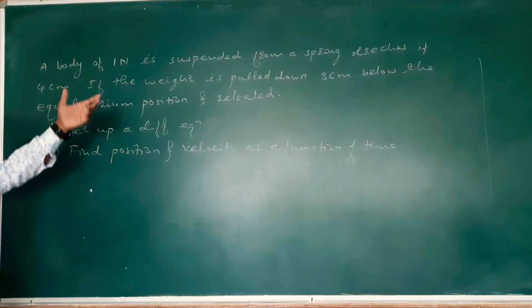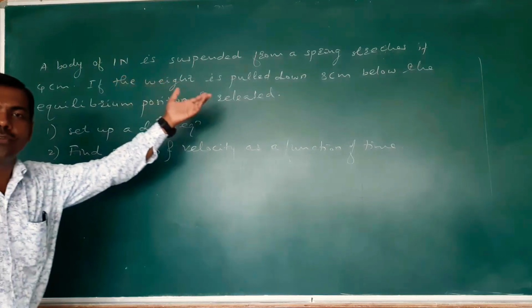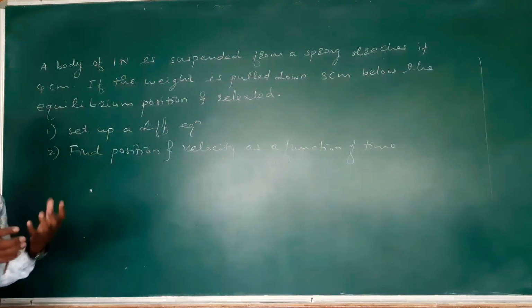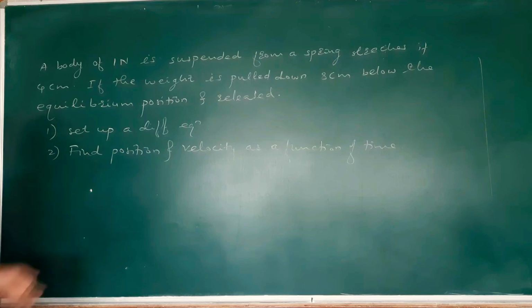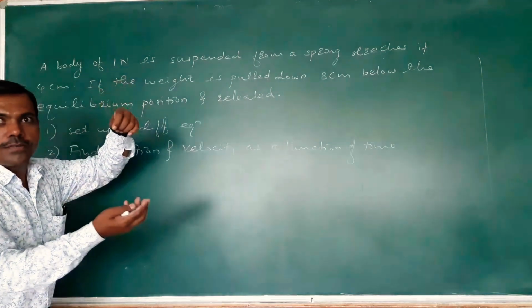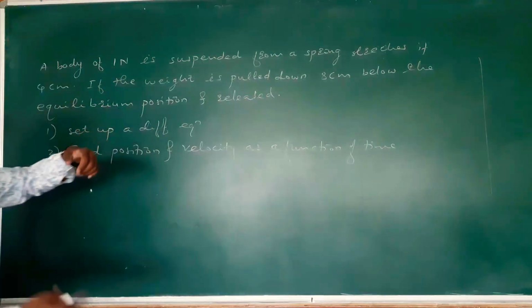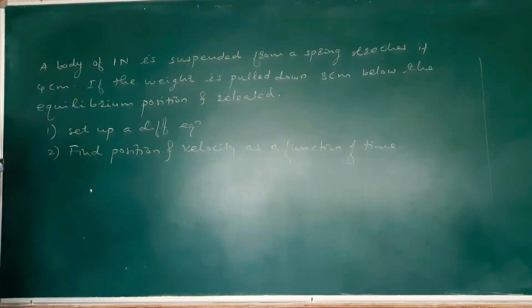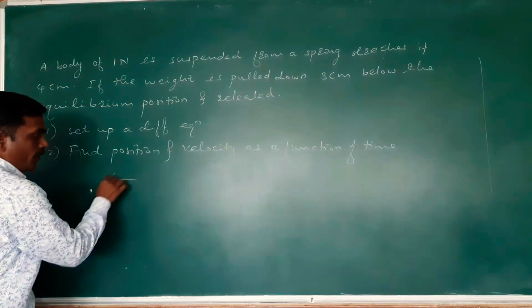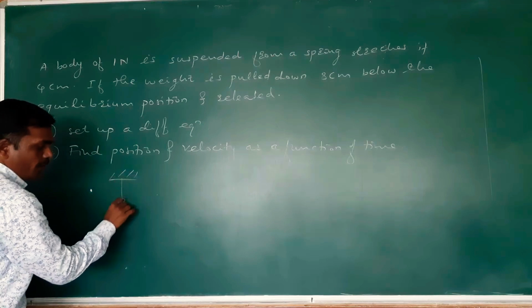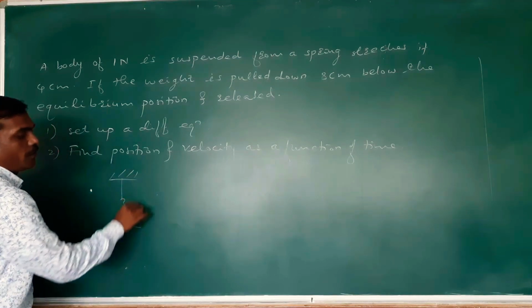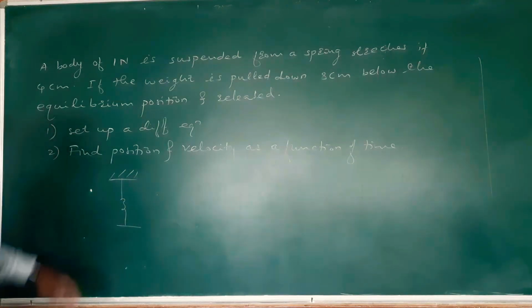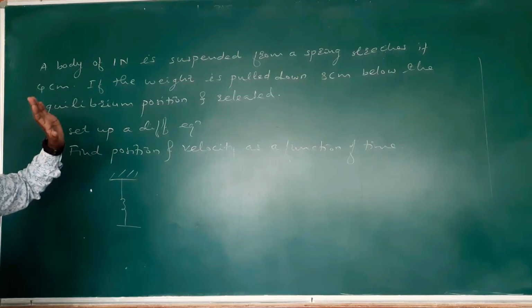So in actual calculation, in mechanics you can do the actual calculations, but in mathematics we need to understand the concept. So here 1 Newton weight is attached to the spring, it stretches how much? 4 centimeter. So whenever 1 Newton weight is attached, it stretches 4 centimeter, right? Such a condition is there.